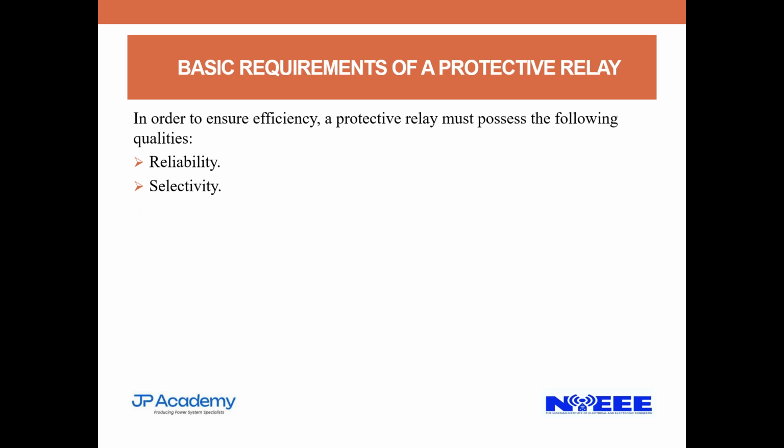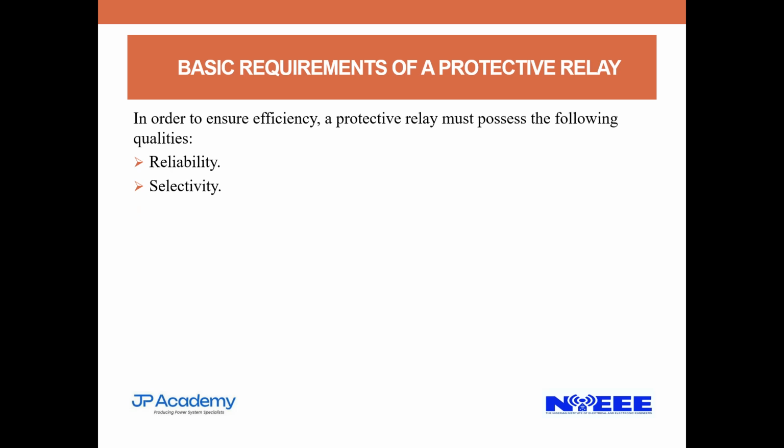However, not just isolating the fault, isolating only the fault. This is where selectivity comes in. It should be able to detect the exact section in which the fault is occurring and isolate only that section, not the entire system.